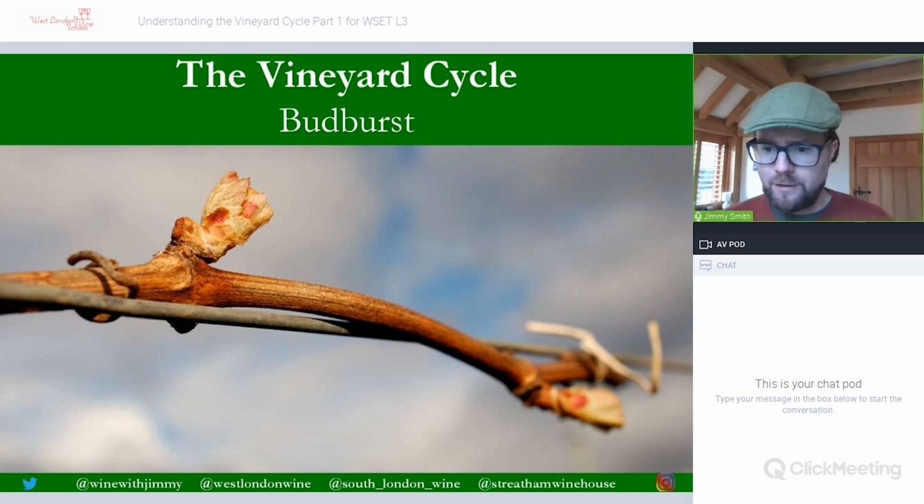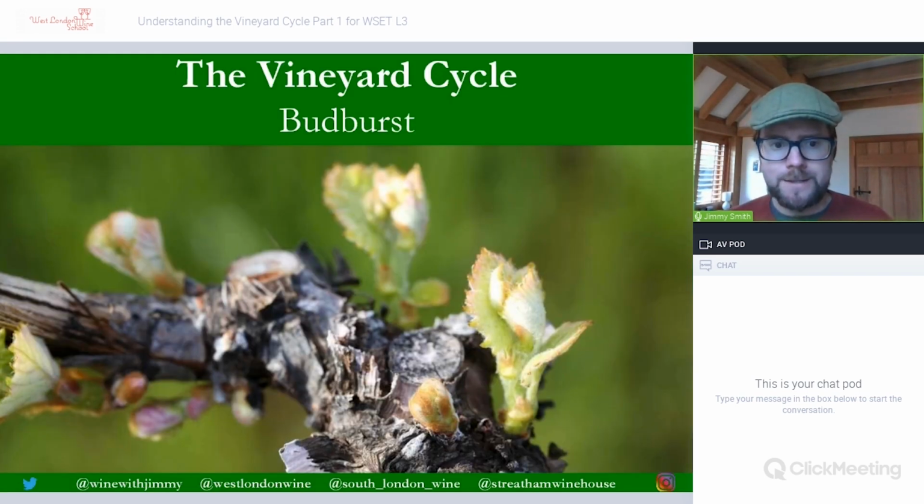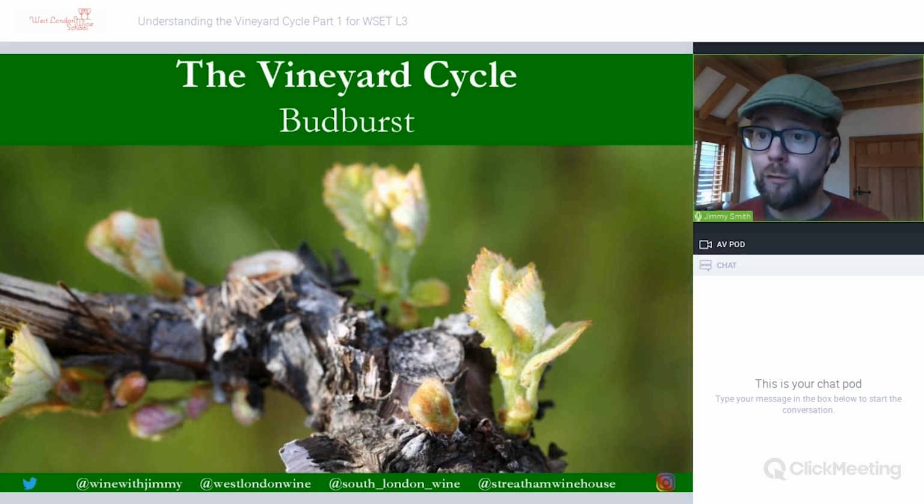So let's have another look. Budburst is at the start of the growing season, and generally this is when average temperatures are about 10 degrees Celsius, so about 50 degrees Fahrenheit. This temperature means that the vine will kickstart into its growth, but it is not uniform across all of the grape varieties of the world.